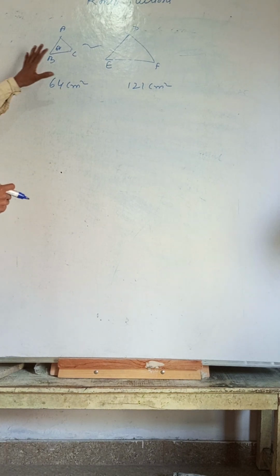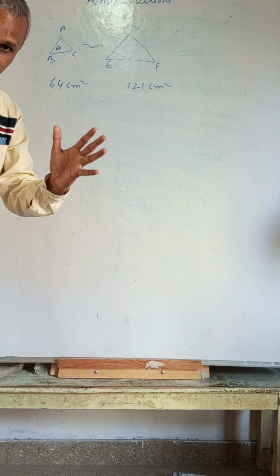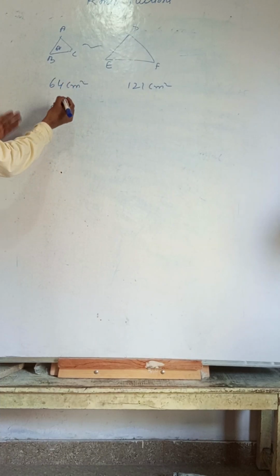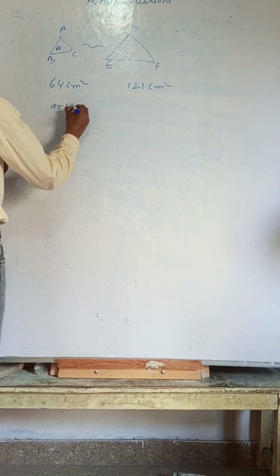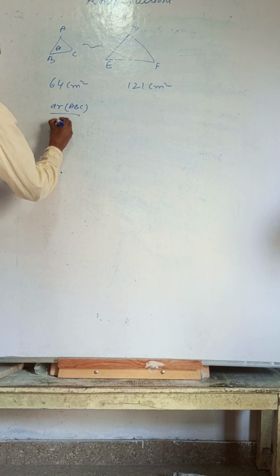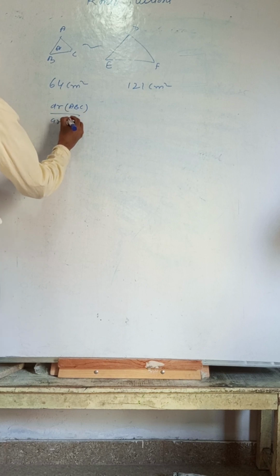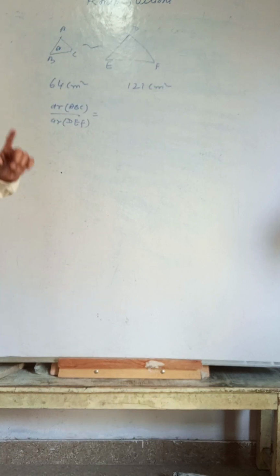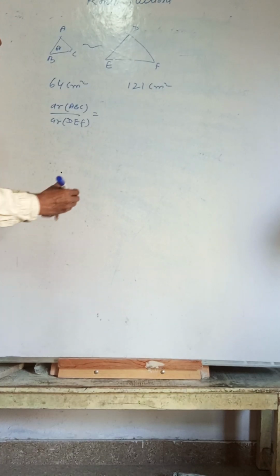See now, if we have two triangles that are similar, then we know that the area of the first triangle, which I named ABC, by the area of triangle DEF is always in the ratio of the squares of their sides.